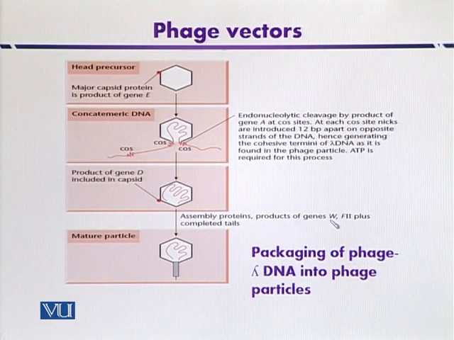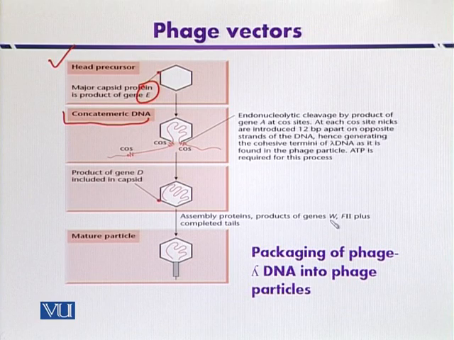This diagram indicates the in vitro packaging of the lambda DNA. In the first step, the requirement is the head precursor, and the head precursors are synthesized by the gene E. In the next step, the concatemeric DNA is inserted into the head.